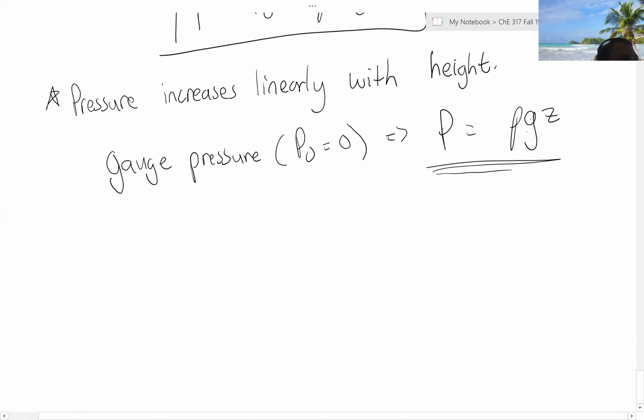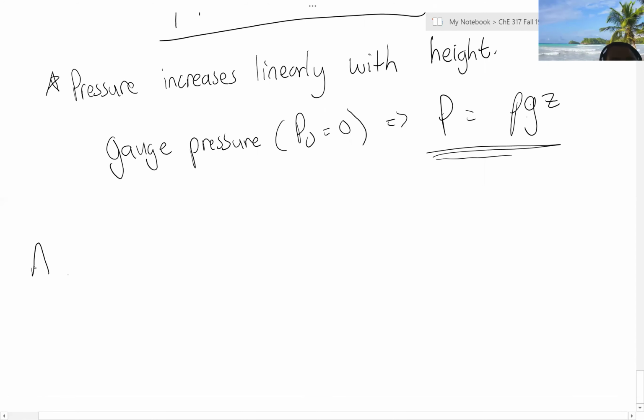So where do we apply this? Well, we'll apply it in many areas, but one way we can talk about this is, once again, in some more pressure measuring devices.